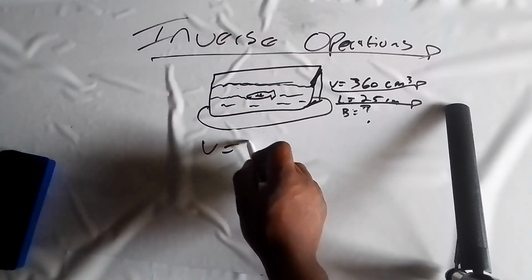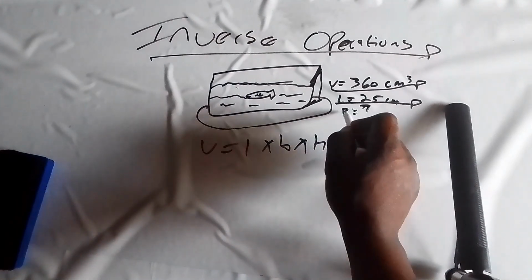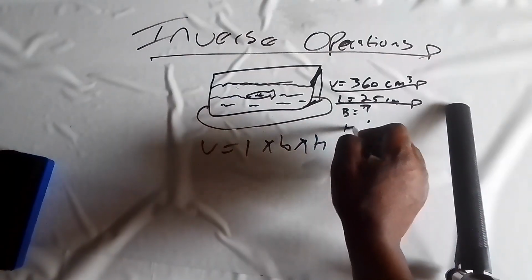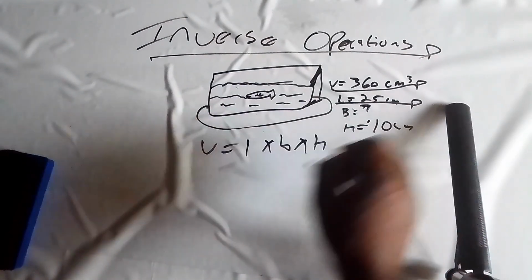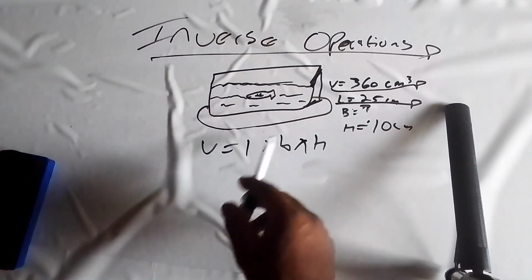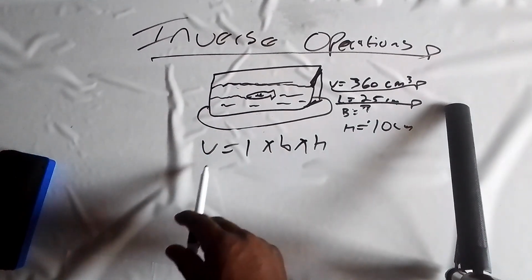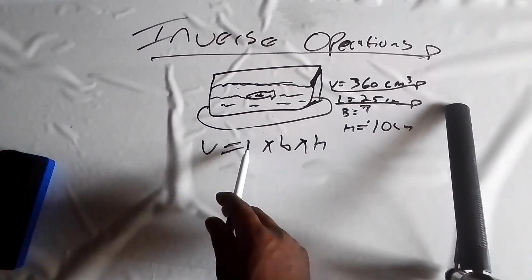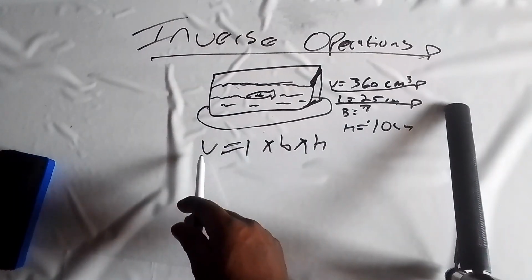So let's take, for example, this is the example. What we usually do, the normal order of operation here, is that we multiply the length, the breadth, and the height to find the volume.